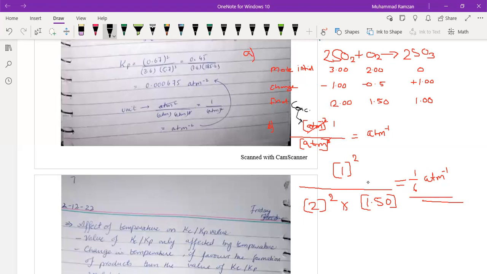This you will not show. You write simply like atm square over here. You can put a small bracket and add atm square. That is enough.